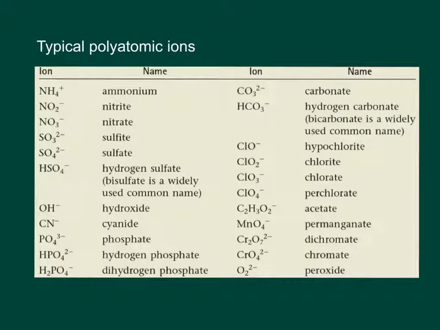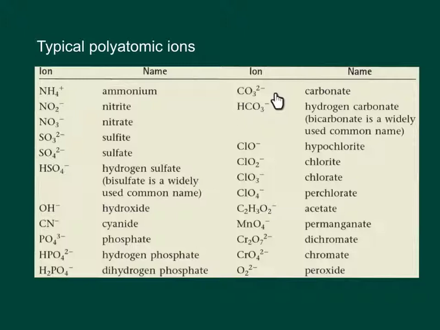So here are some common polyatomic ions. The one you really need to pay attention to is ammonium, which is your only positive polyatomic ion on this chart. There are others, but this is the most common. Then sulfate, hydroxide, phosphate, carbonate. A lot of these polyatomic ion names you've heard of.